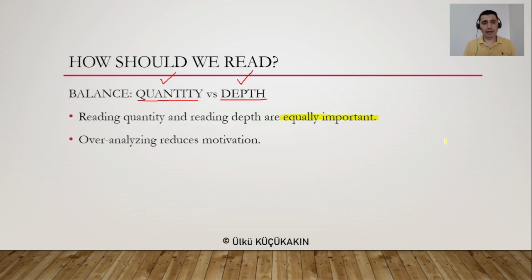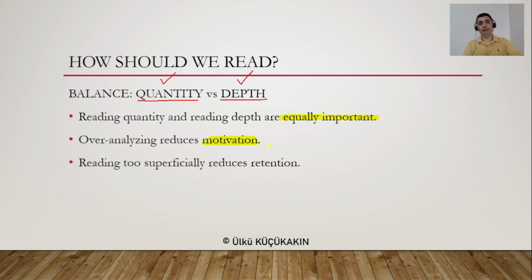If you analyze something too much, you lose your motivation. Okay? You lose your motivation. It reduces motivation. You get bored. Okay? And then you don't want to do more reading. And it's kind of discouraging and frustrating. So overanalyzing is not a good idea.